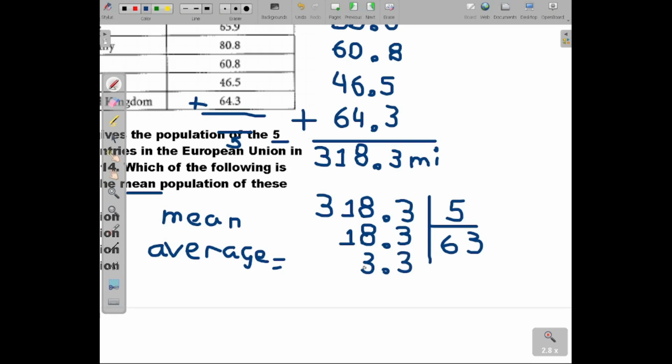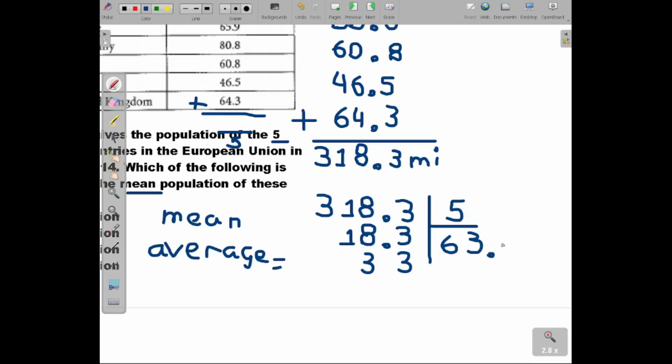Now, since 3 is smaller than 5, we'll add a point, and we'll delete this point. Now we multiply. Which number multiplied by 5 is less or equal than 33?